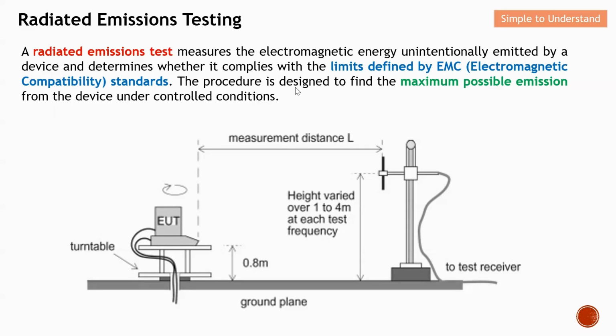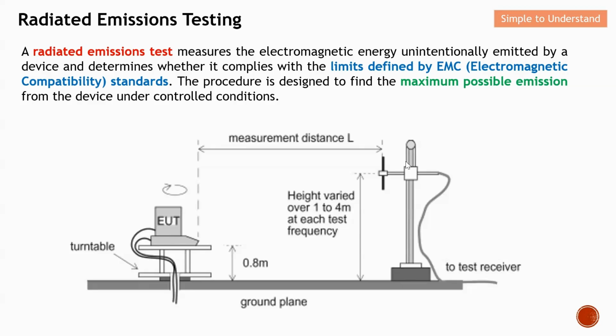The procedure is designed to find the maximum possible emission from the device under controlled conditions. Like I mentioned earlier on, we will turn your DUT to a certain facing that obtains the maximum possible emission. And also the antenna will vary from 1 meter to 4 meters in order to capture the maximum possible emission.